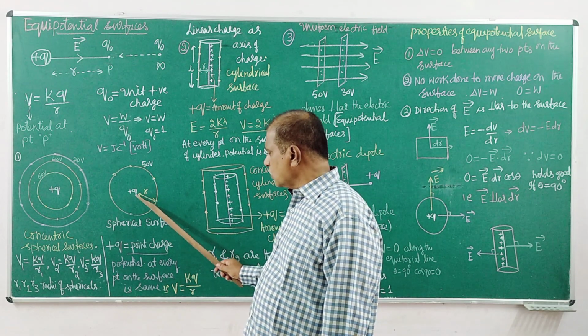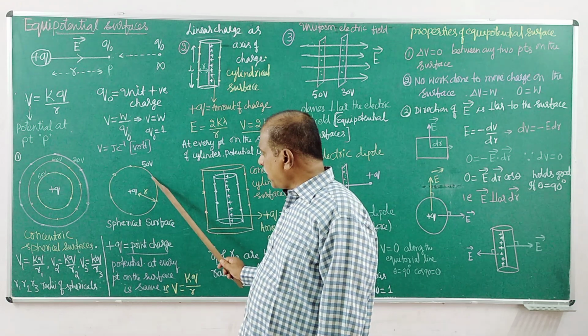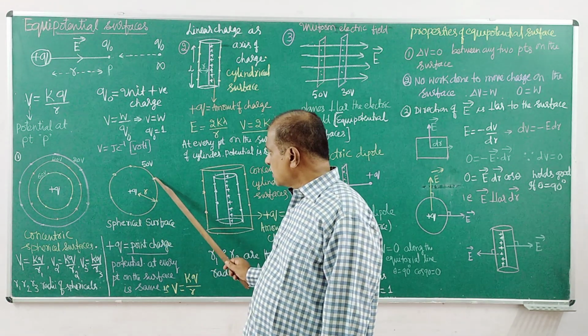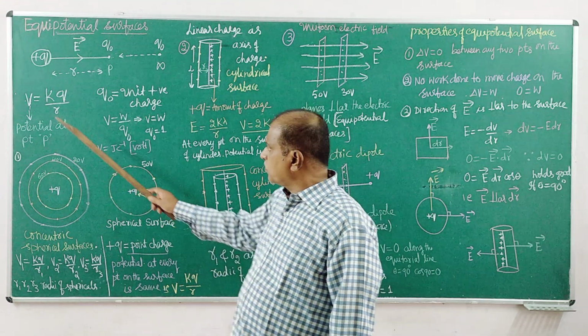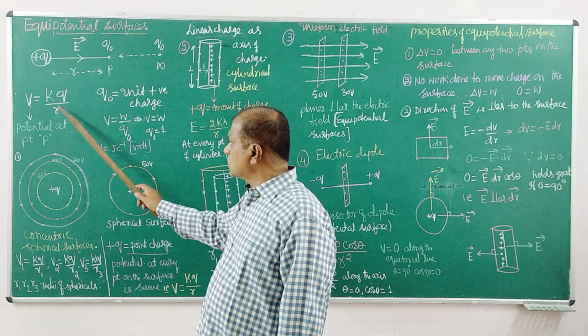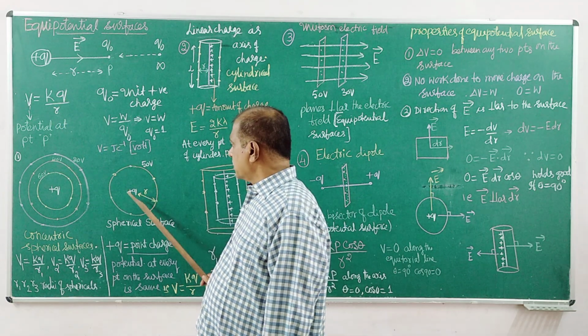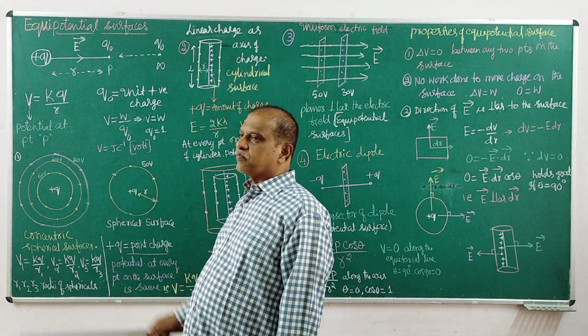So Q remains the same, and r remains the same, because the points are at different places, in different directions, but on the same surface. So the potential depends on only these two factors, which are constant. This remains constant for the center, and all the points are at the same distance, therefore the potential remains the same.